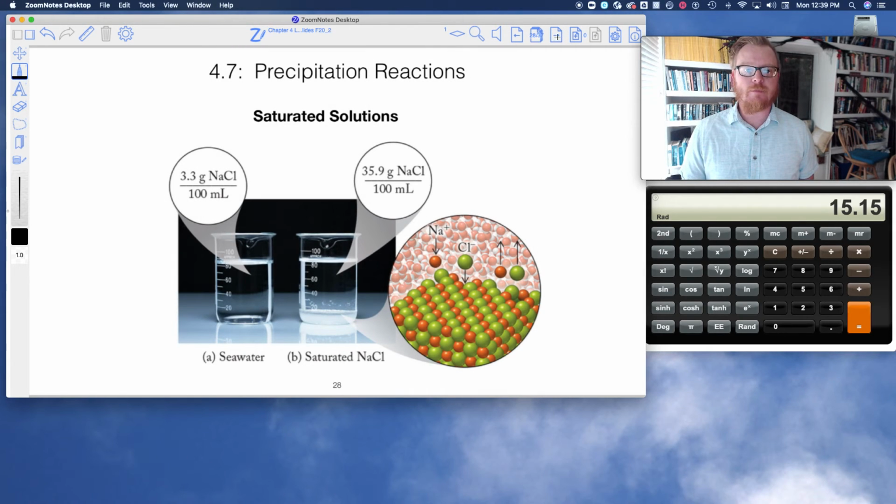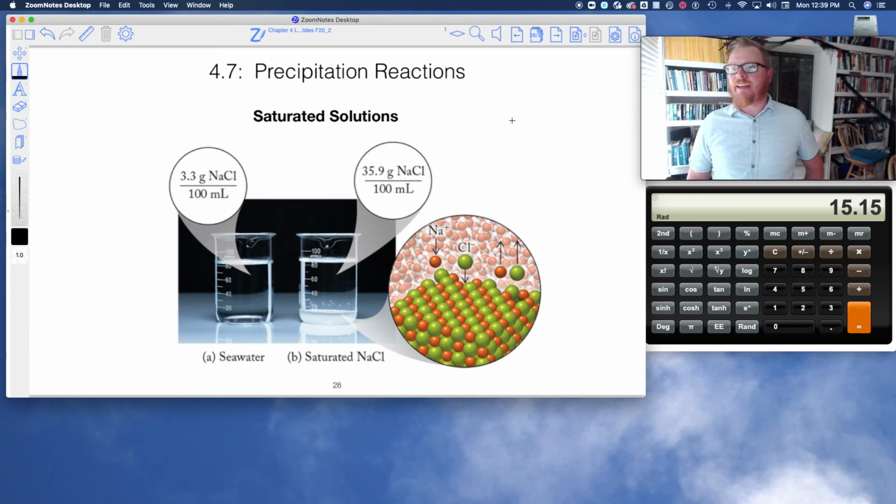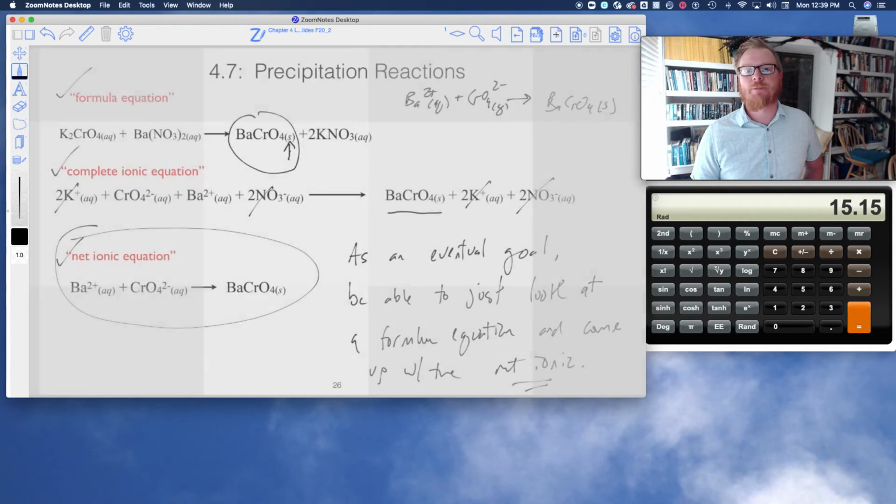Okay. So the last thing that I'll say is, what does it mean to be saturated? Okay. So we noted that NaCl is soluble because on that solubility chart here, right, there's chloride. Sodium is not an exception, so sodium chloride should be soluble.